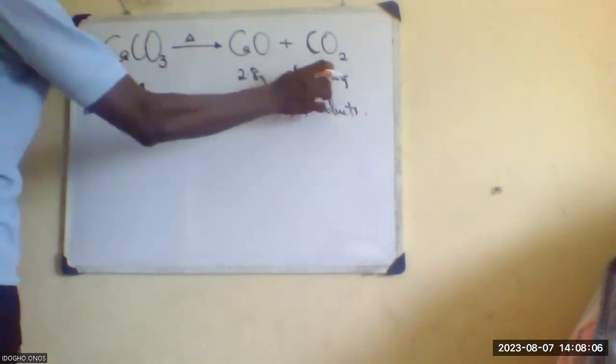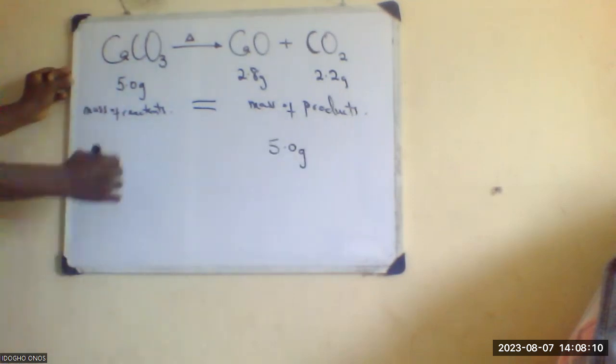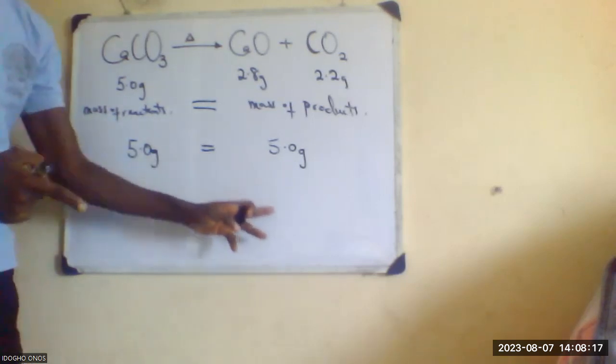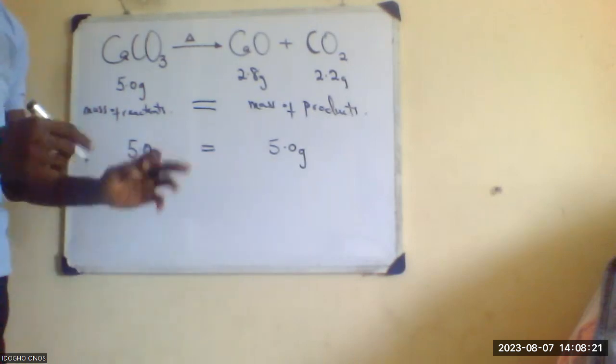So if we add these up, it should give me 5.0 gram. Since there is no change in mass between the reactant and product, it is in accordance with the law. That is just the answer.